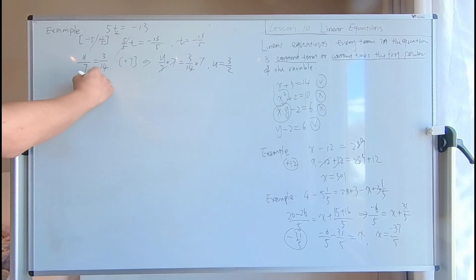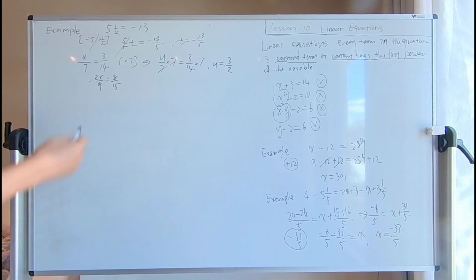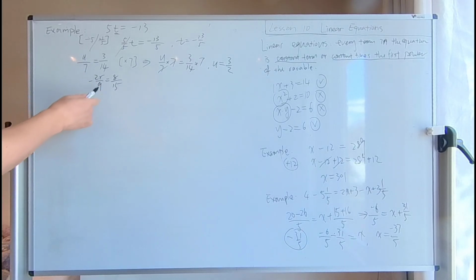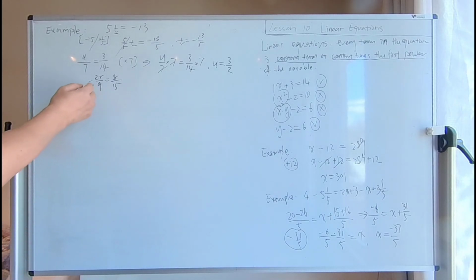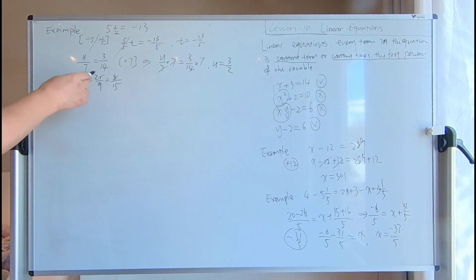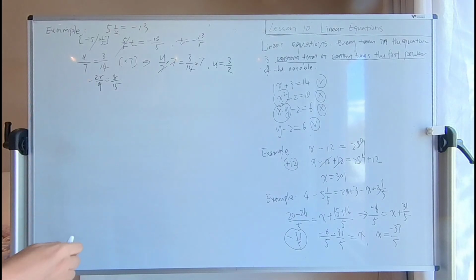Okay, one more example with a negative sign as well. So this one, r is my unknown variable. I have minus 2r over 9 equal to 8 over 15. It doesn't matter how complicated it is or what the sign is in front of the unknown variable, we just don't panic, we just do the same operation by canceling out the coefficient in front of the unknown variable.